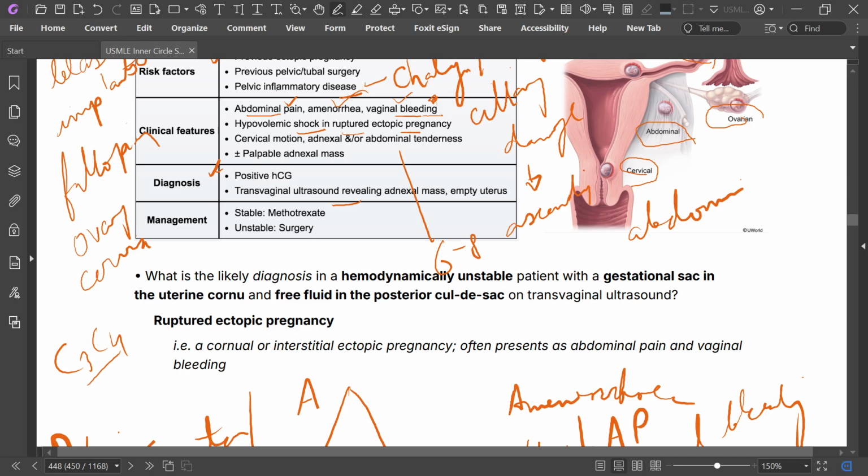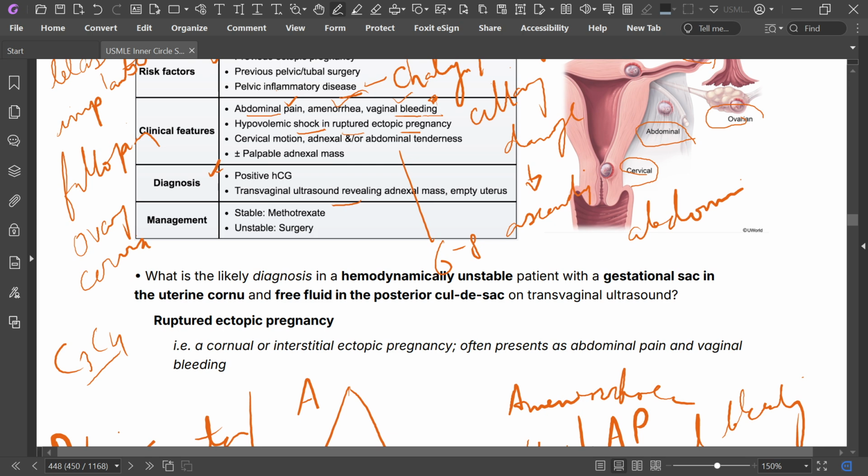And a spontaneous abortion can happen if the uterus appears empty in the setting of pain and bleeding; a complete abortion may occur. So three scenarios may be found on transvaginal ultrasound.